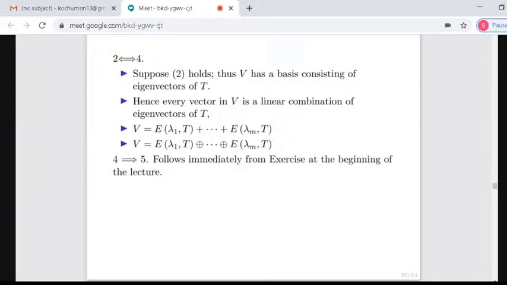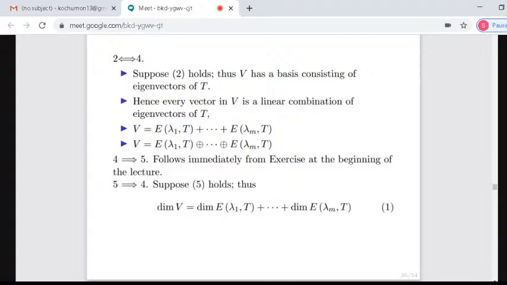And now 4 implies 5. What was 4? 4 was this thing, right? V is equal to E lambda 1 T direct sum etc. E lambda M T. This implies we want to show that dimension of V is nothing but dimension of E lambda 1 T plus etc. plus dimension of E lambda M T. That is also easy. And now 5 implies 4 again. Suppose that 5 holds.